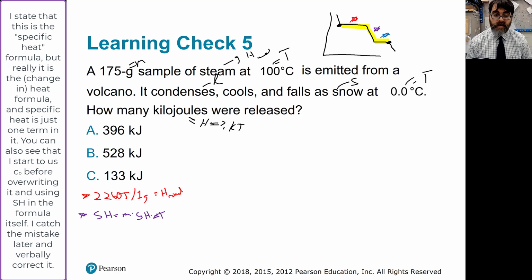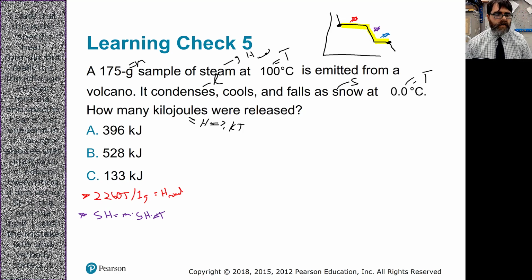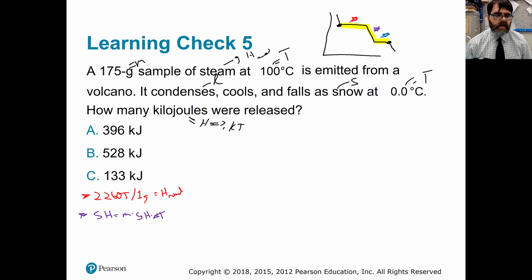This is from the prior section, and this will take care of our cooling process for the water, and then we'll do the heat of fusion, which is 334 joules per gram of water for the final segment.